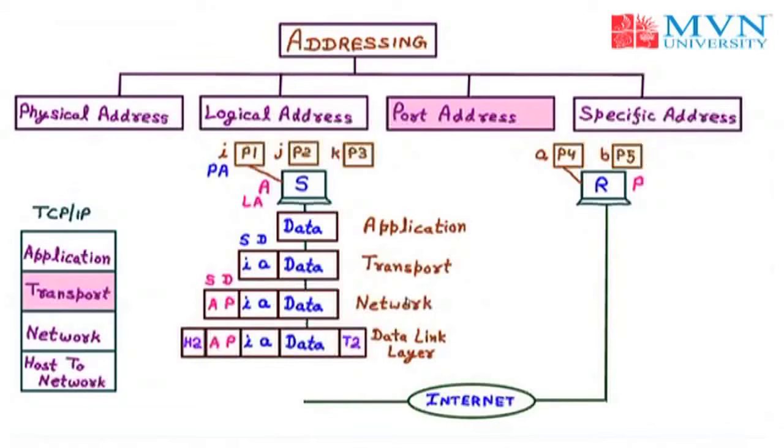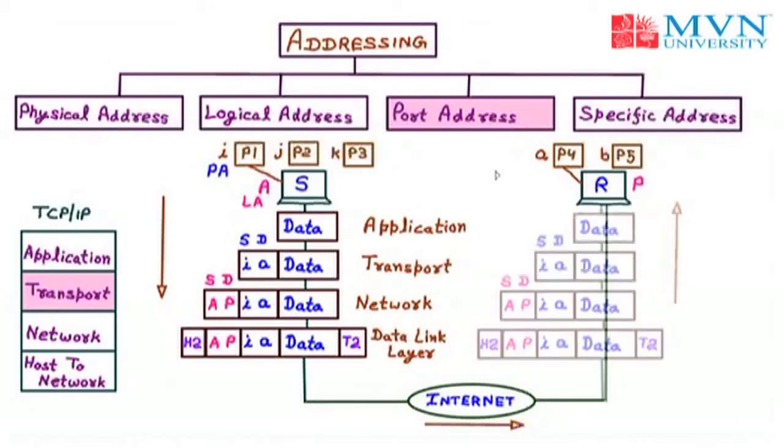Now this frame is sent over the network, and the network will pass the frame on to the receiver. The internet will send the frame to the receiver in the same fashion. At the receiver side, the data link layer receives the frame that contains the header, the logical address as well as the data and the port address. That frame is passed to the network layer.